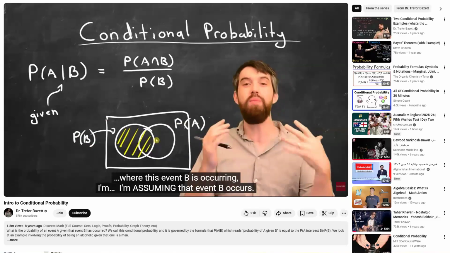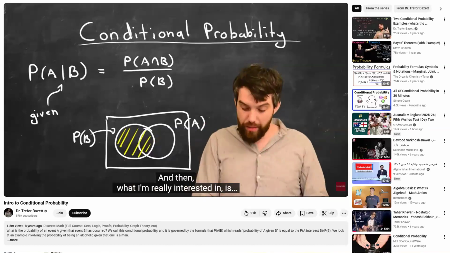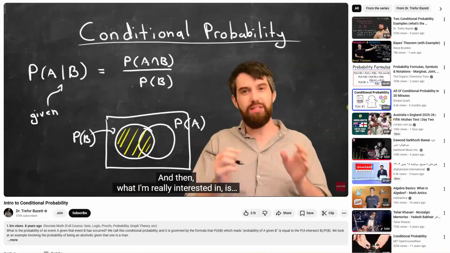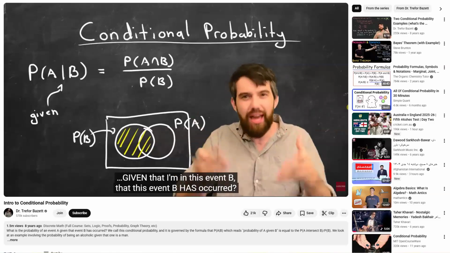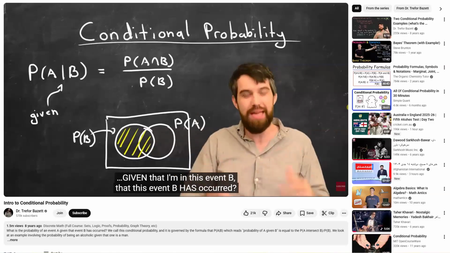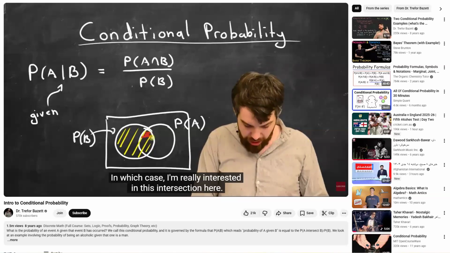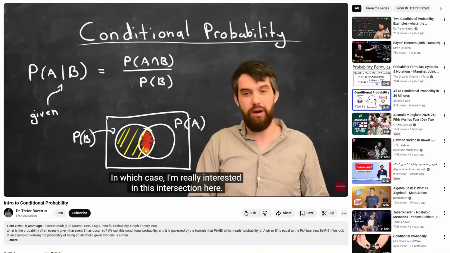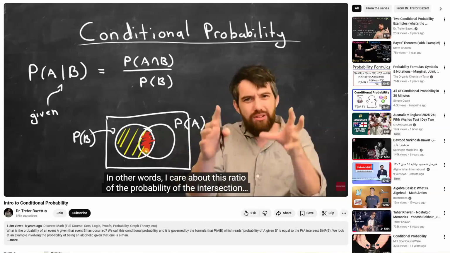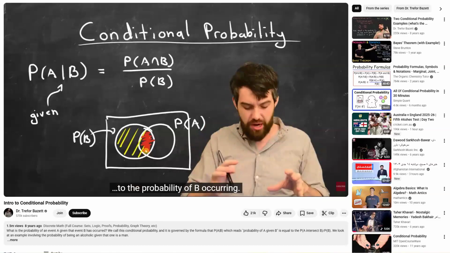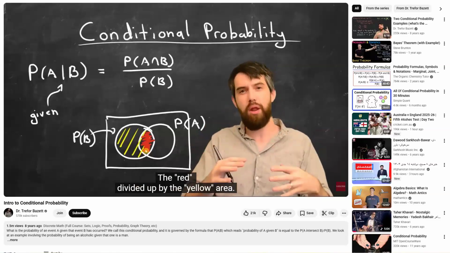I'm assuming that event B occurs. And what I'm really interested in is the probability of event A occurring given that I'm in event B and that event B has occurred. In which case, I'm really interested in this intersection here. In other words, I care about this ratio of the probability of the intersection to the probability of B occurring, the red divided out by the yellow here.